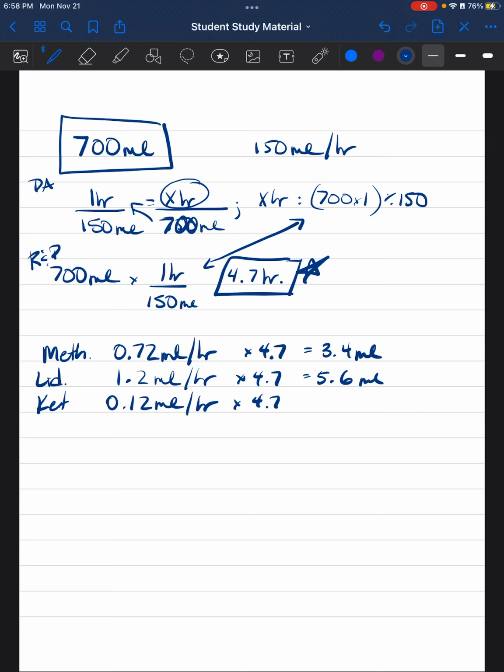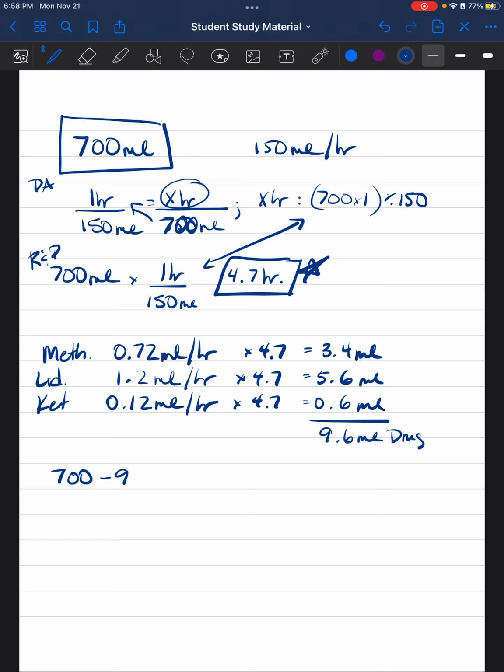And 0.12 mils an hour times 4.7 hours equals 0.56, so 0.6 mils. So now we add all of these together. 3.4 plus 5.6 plus 0.6 gives us 9.6 mils of drug.